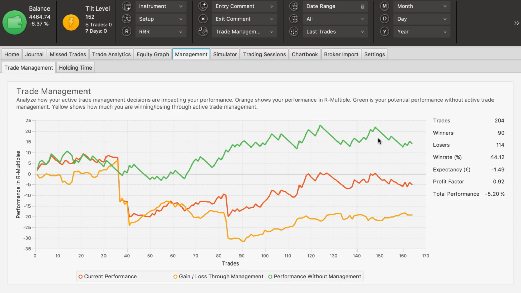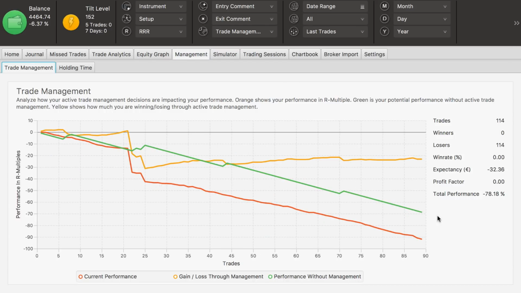Let's filter here actually for losing trades. This is, I think, outside of the scope of this video, but I will activate the filter for just losing trades, and you can see here the performance between the red and the orange graph is quite significant. You can see this one ends at minus 70 and this one is below minus 90.